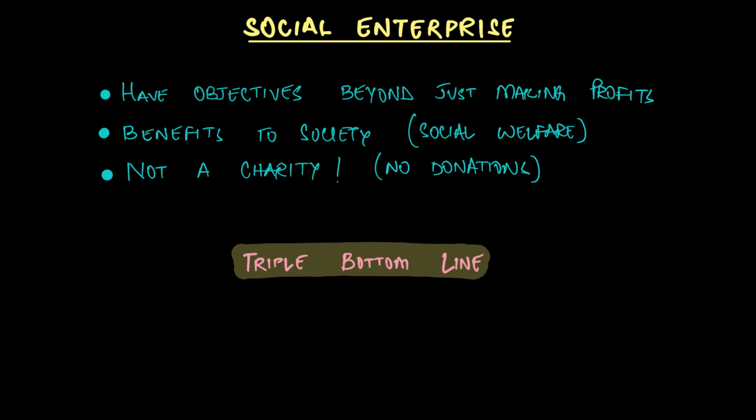And a social enterprise is going to be very different in the way that it tries to cater to its customers. A social enterprise will not have an objective of making a profit to satisfy the owners.